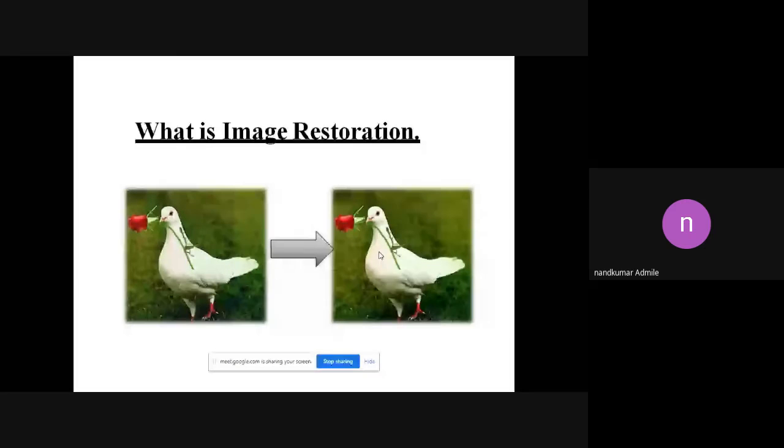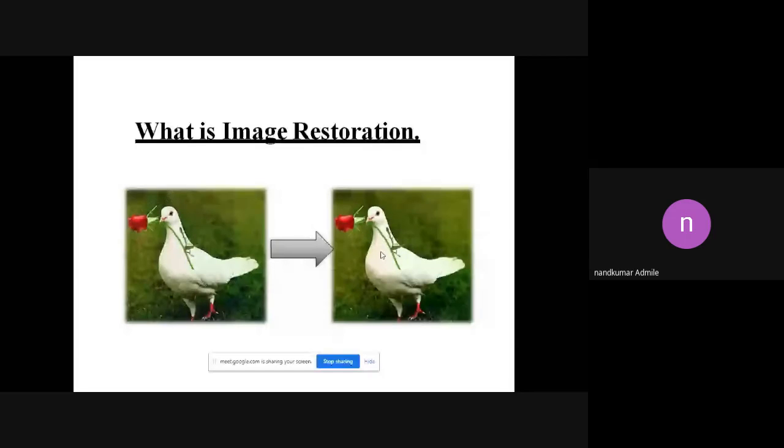If we observe these two images we can easily identify the change, and with the help of image restoration we can remove only the noise from an image. Now the question is how we can restore the image, or how we can remove the noise present in the image. In order to remove the noise we require a filter. Only filters can remove the noise from an image.